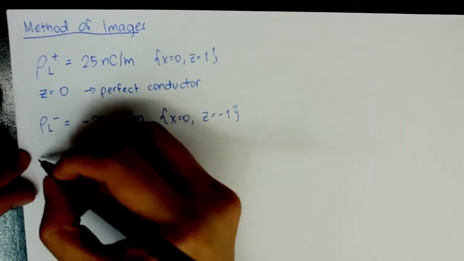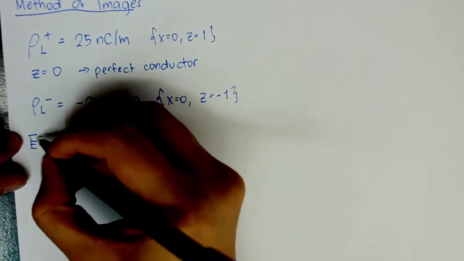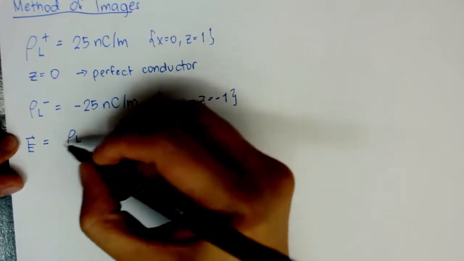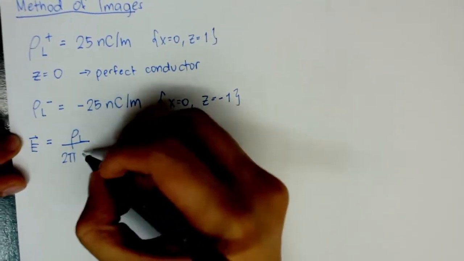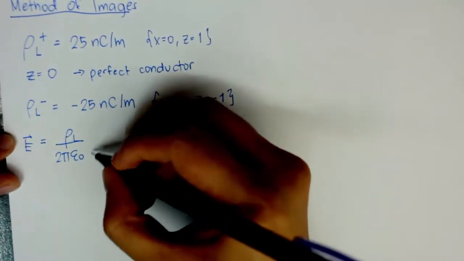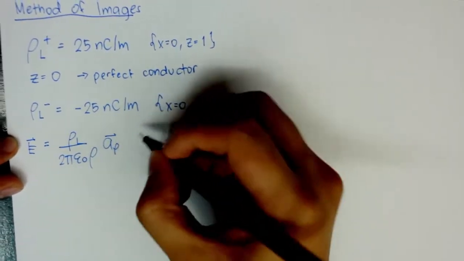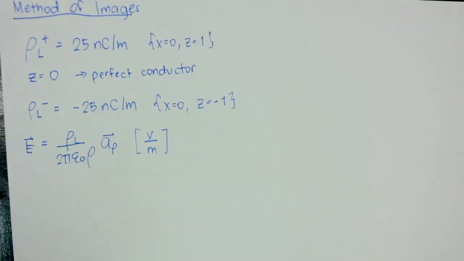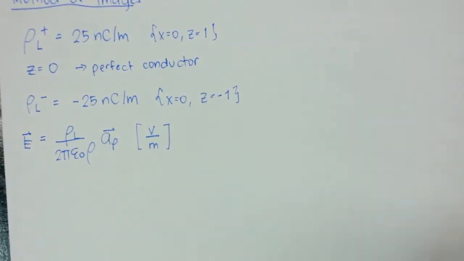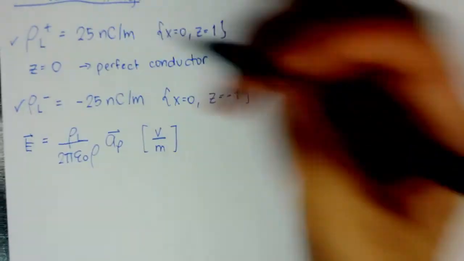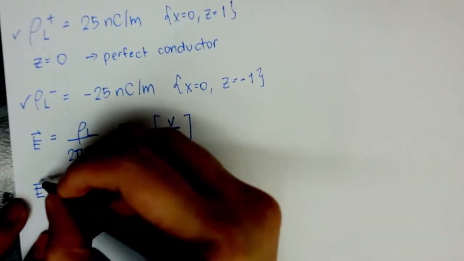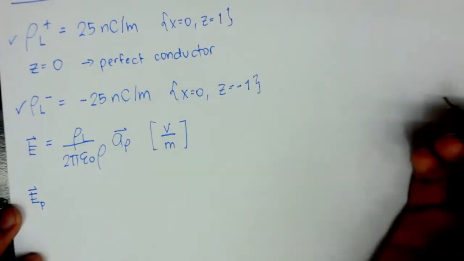And we know the electric field of a line charge is equal to rho L over 2 pi epsilon naught rho, times a rho hat, in volts per meter. So given these two line charges, using superposition, we can find the total electric field at point P.